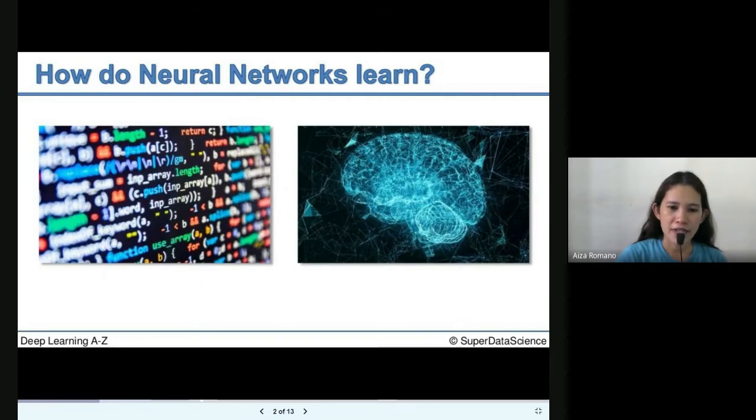On the left side, in the approach depicted on the left, you would program things in like the cat's ears have to be like this. Look out for whiskers. Look out for this type of nose. Look out for this type of shape of face. Look out for these colors.